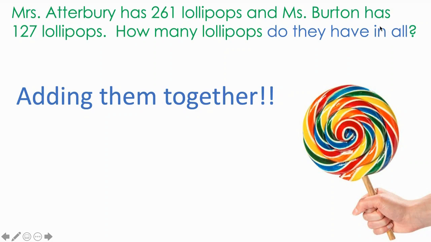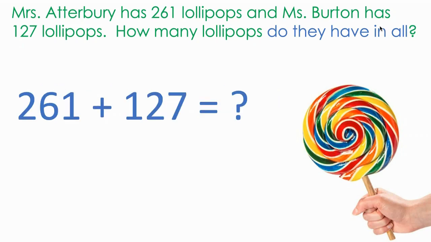So all together, between Miss Atterbury's and Miss Burton's amount, how many do we have together in all? Okay, all means both of us, add them up. So 261 plus 127 equals what? That is what we're going to figure out. That is going to be our answer to how many lollipops do they have in all. When we add them up, that's how we figure it out.